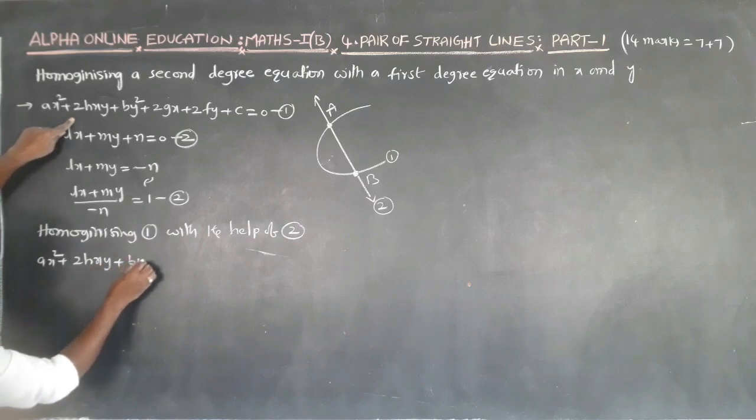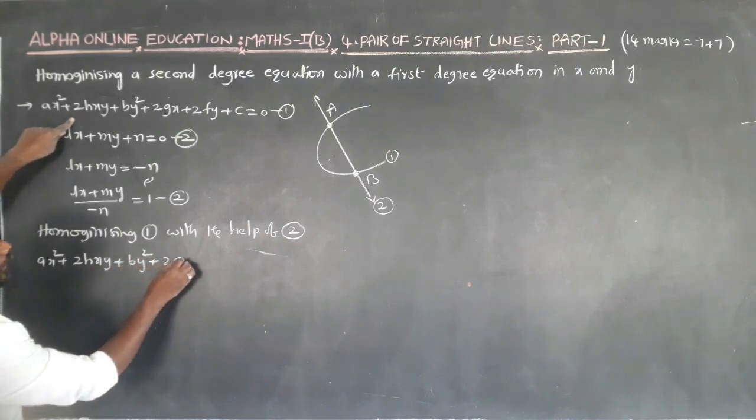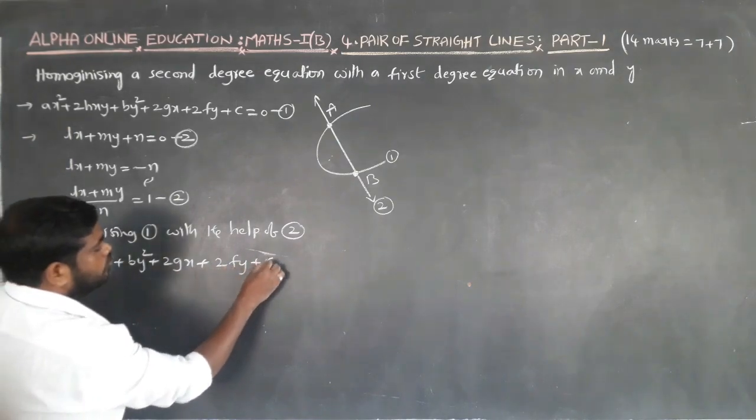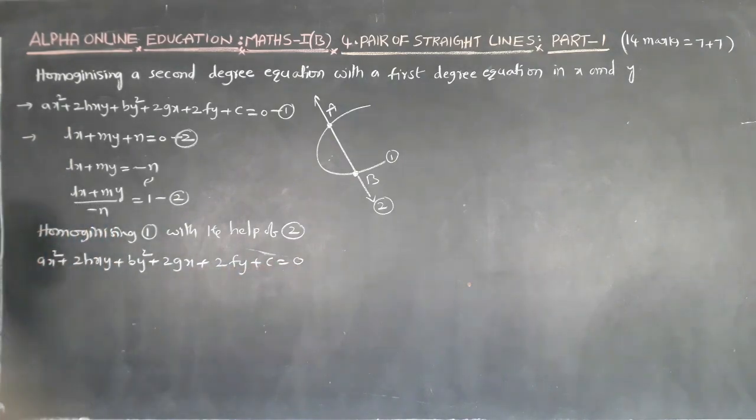Here ax square plus 2hxy plus by square plus 2gx plus 2fy plus c is equal to 0.